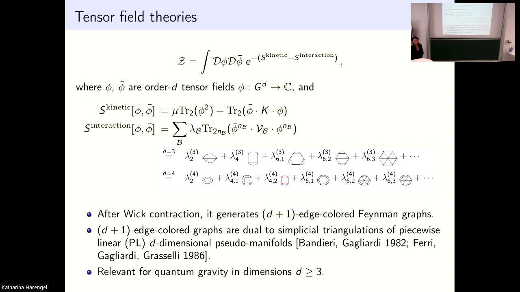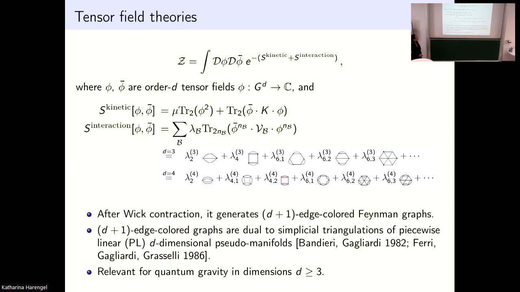And the group can be anything as you wish as well. And you may have a kinetic term. Mu here is a mass. And then you may have other types of quadratic terms, and the kernel is denoted by K here.